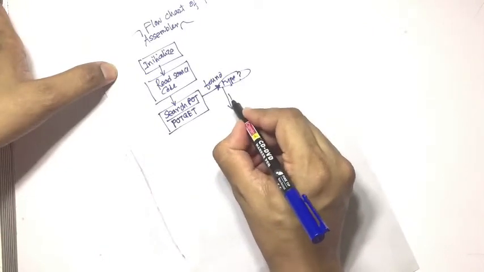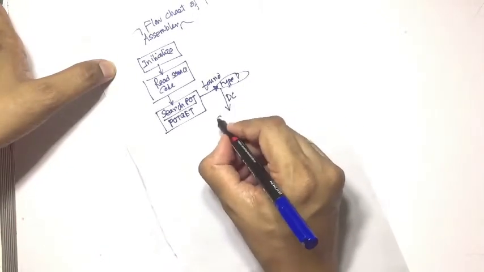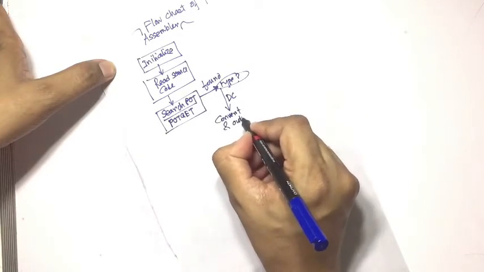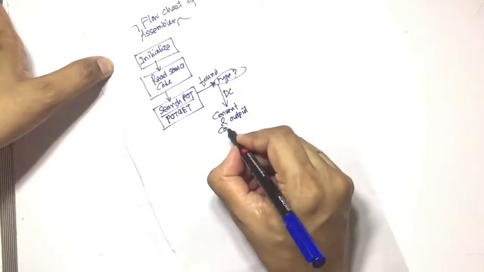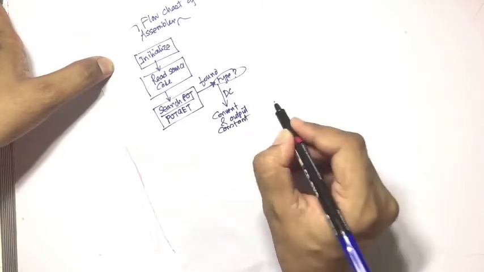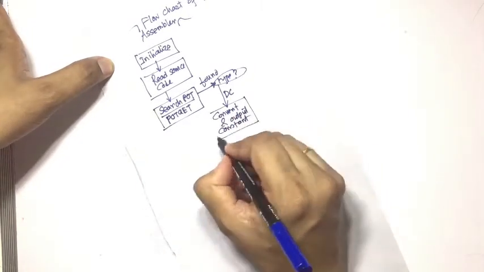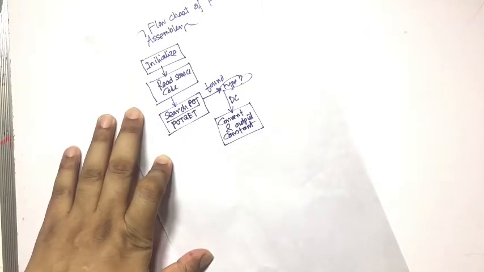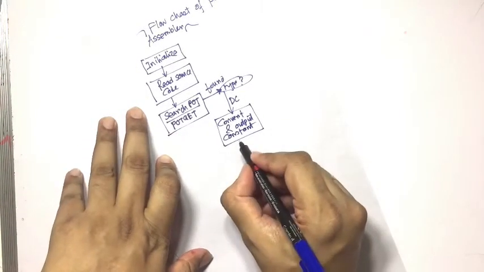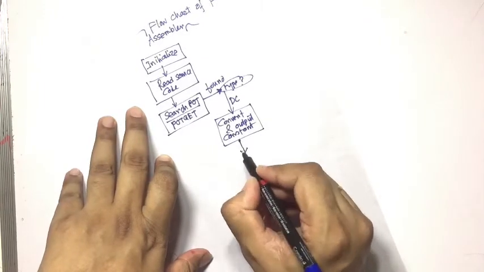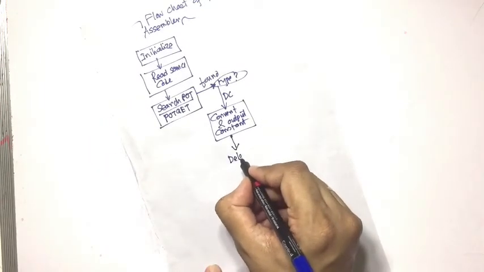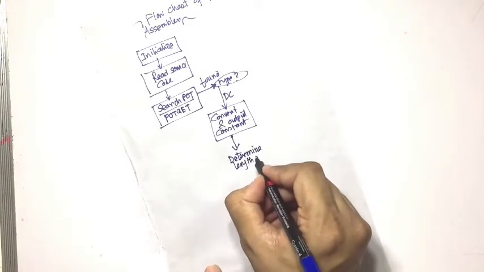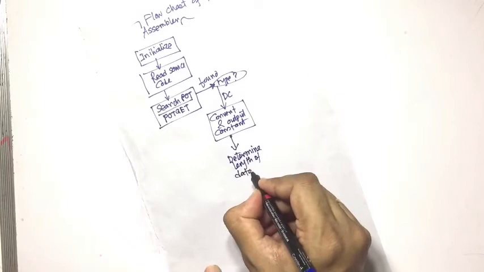If it is DC type, declaration constant type, then convert and output constant. Next, we have to determine the length of data space.